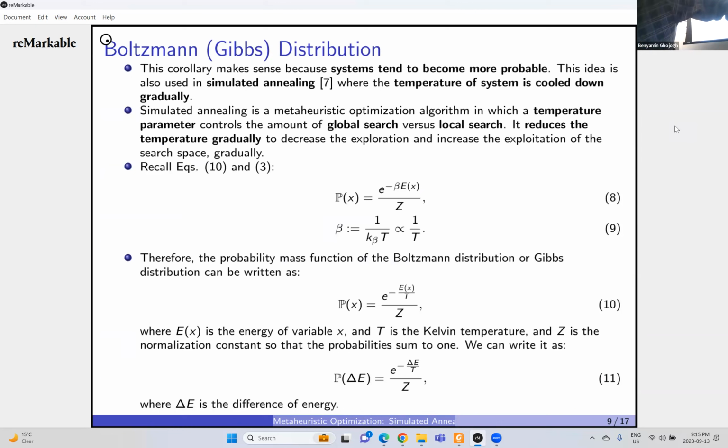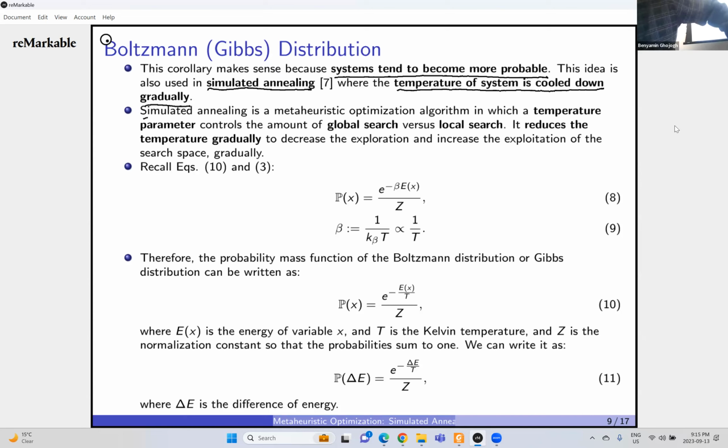Okay. So systems tend to become more probable. This simple idea is used in simulated annealing, where the temperature of the system is cooled down gradually. So first, we start with high temperature. Gradually, we decrease the temperature. It's related to high energy physics. Okay.